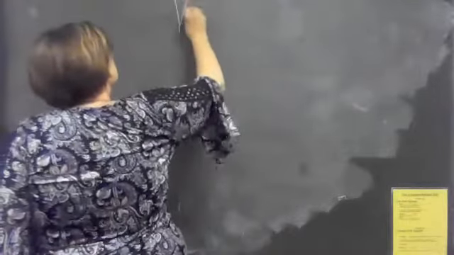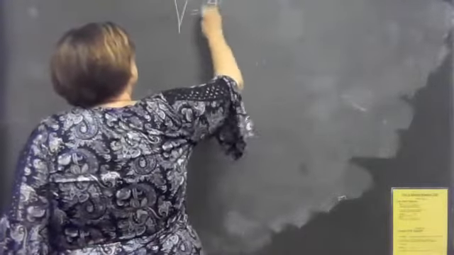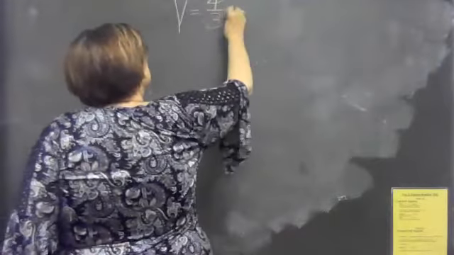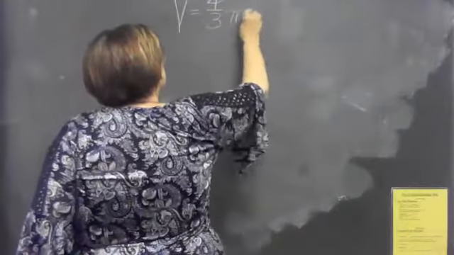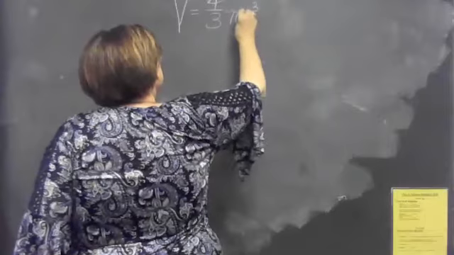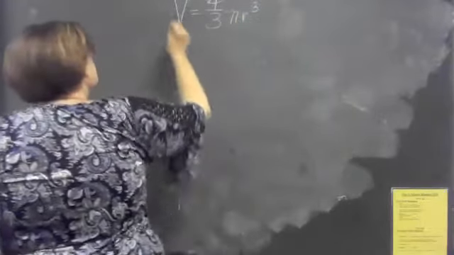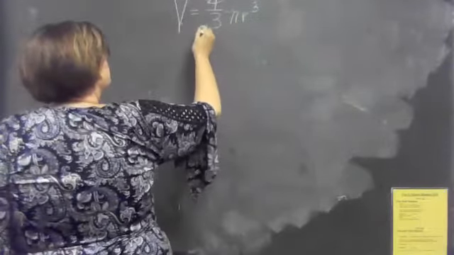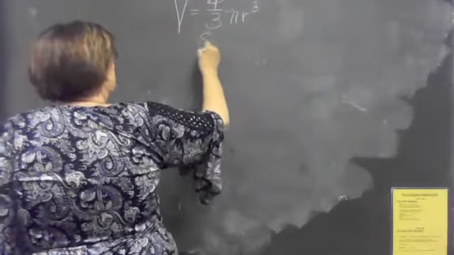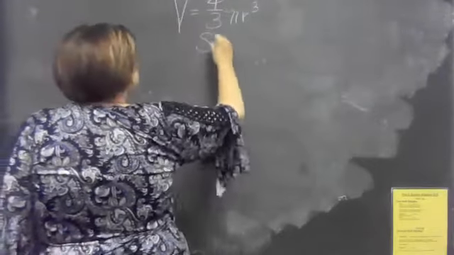Now check me, Lorenzo, on the formula chart, but I think the volume of a sphere is 4/3 pi r cubed. Is that right? Yep. Okay. This is the volume formula for finding the volume of a sphere.